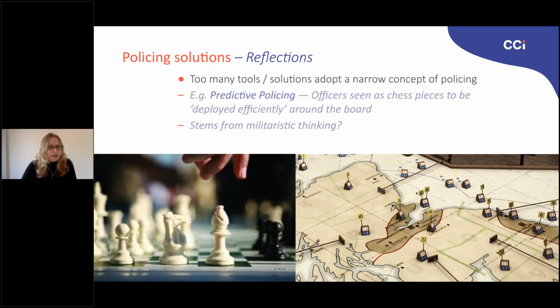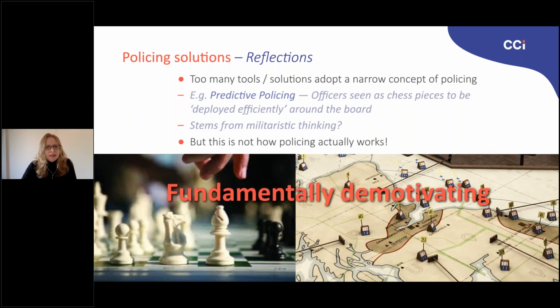And we suggested that this might stem from a military way of thinking about policing. And the problem is that it certainly does not reflect how policing actually works. Not only that, it's fundamentally demotivating for the police officers themselves.